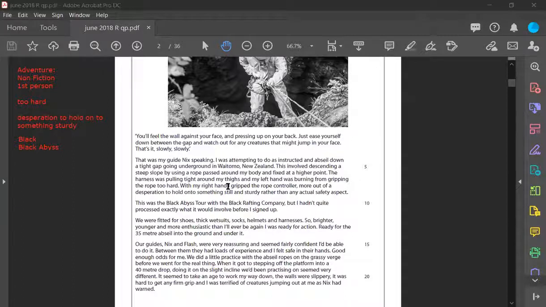All right, so now we want to move on to this portion. We were fitted for shoes, thick wetsuits, socks, helmets, and harnesses. So, what is the literary device we see here?